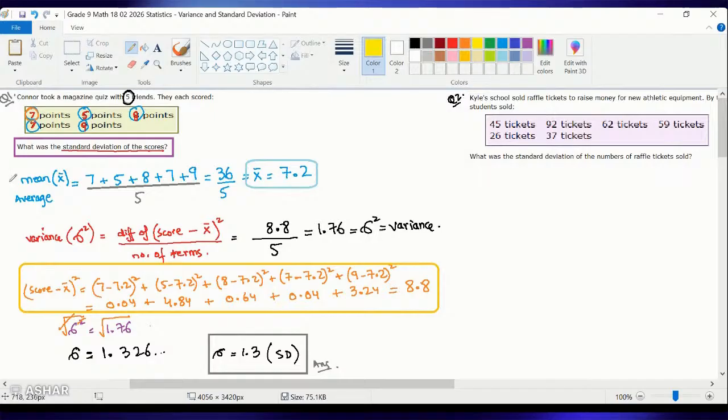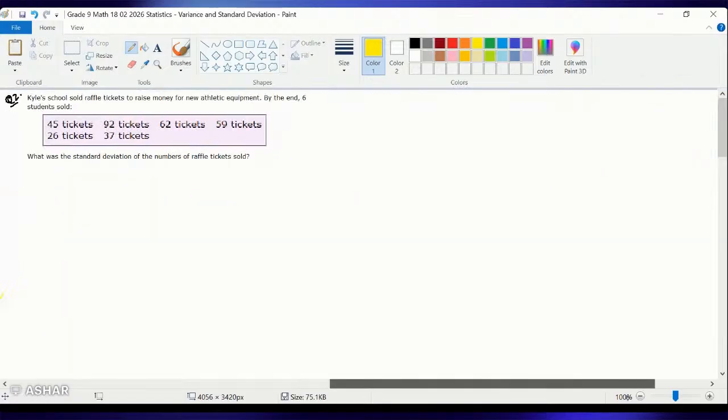First, we need to find the mean. Then we need to remember the formula for the variance, right? We find the variance, square difference, we put it over here. There were 5 terms. We find the variance, and we know that through the variance, we can find the standard deviation. Agreed? Let's do the same. Next question.